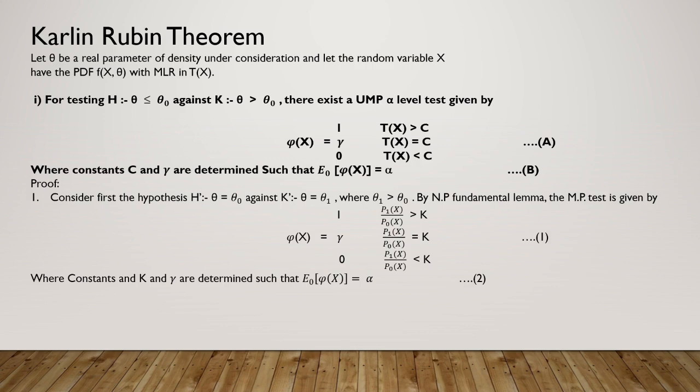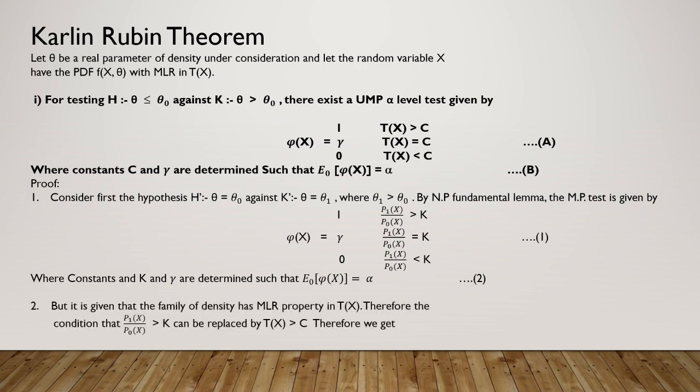Now by the NP fundamental lemma, the most powerful test is given by phi of x equal to 1, gamma and 0 under the conditions p1 of x upon p0 of x greater than, equal to, and less than k. But the family of densities has the MLR property in T of x.